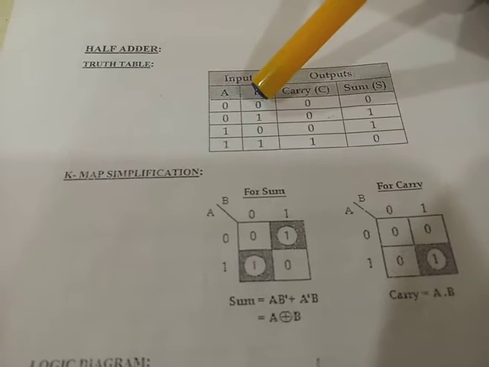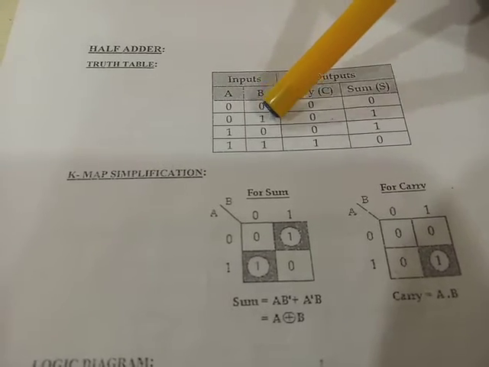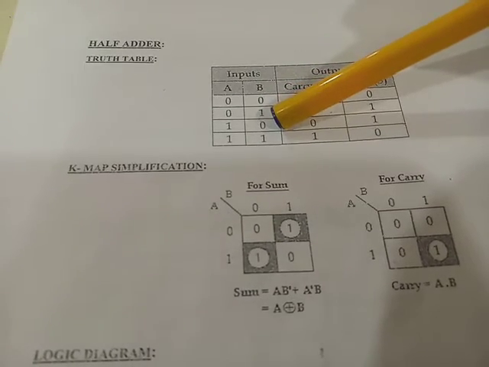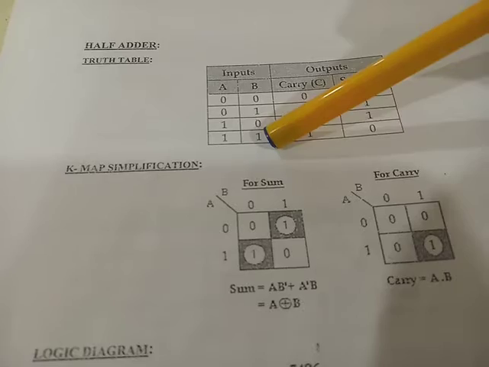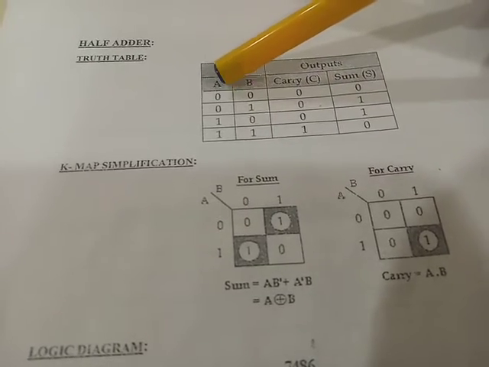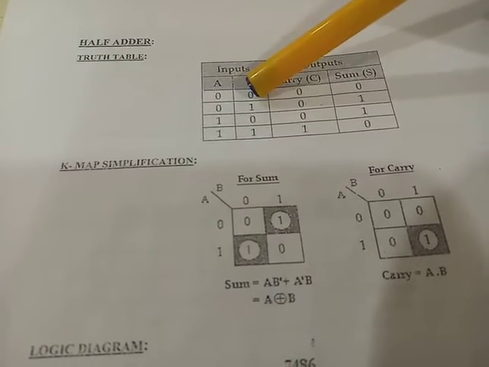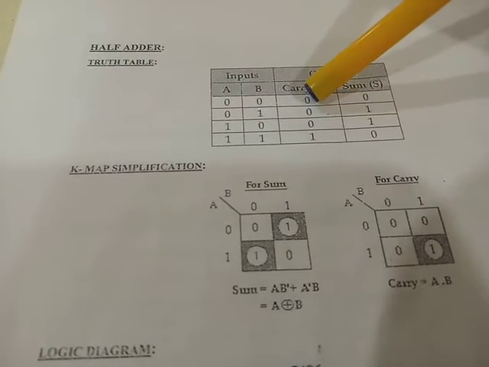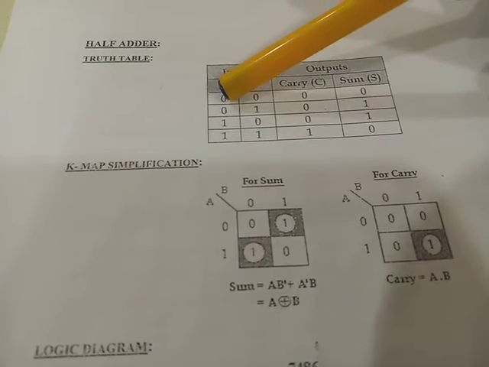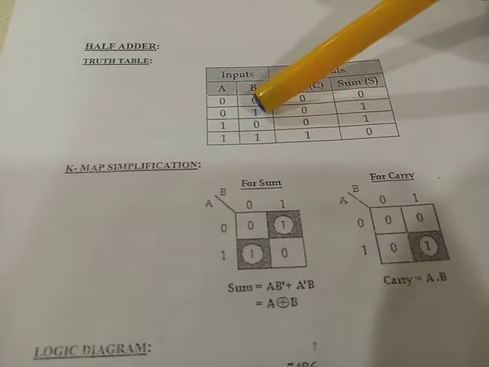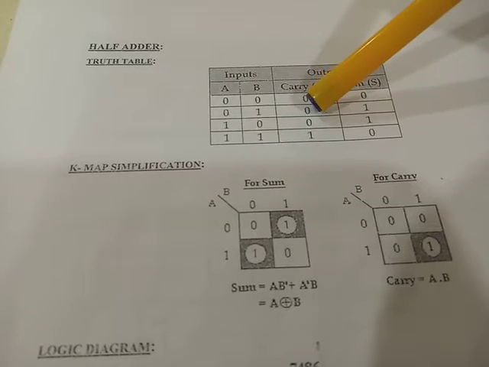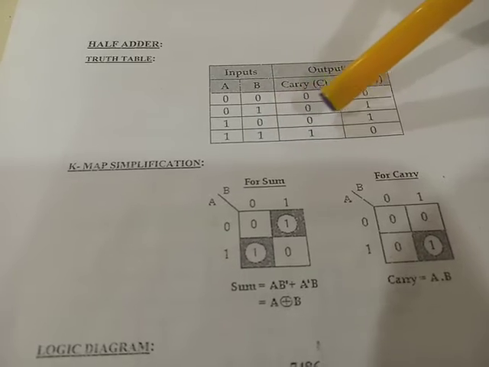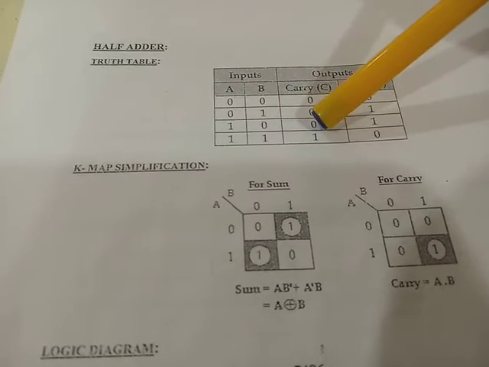Because of 2 inputs we have 4 combinations: 0 0, 0 1, 1 0 and 1 1. If you add 0 0, my sum is 0 and carry is 0. If you add 0 and 1, my sum is 1, carry is 0, and if you add 1 and 0, the sum is 1 and carry is 0.